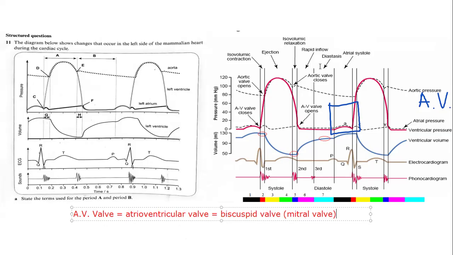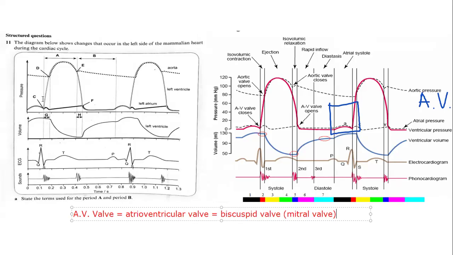Okay, so now we have that. Ali, what is C, D, E, and F? Is it the same graph we're looking at? The same graph, yeah. So C would be the AV valve closing. D would be the aortic valve opening.